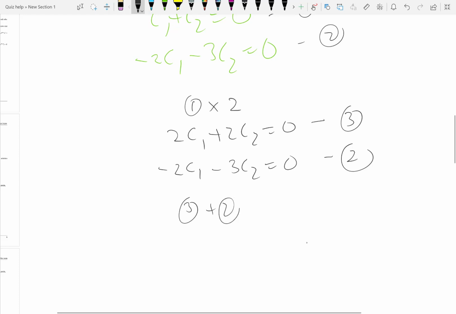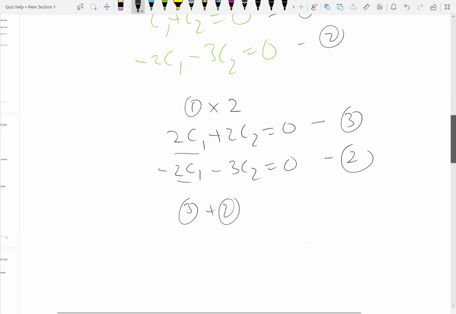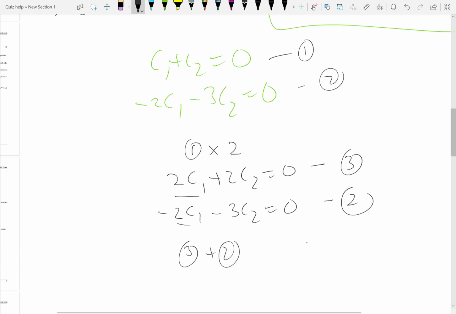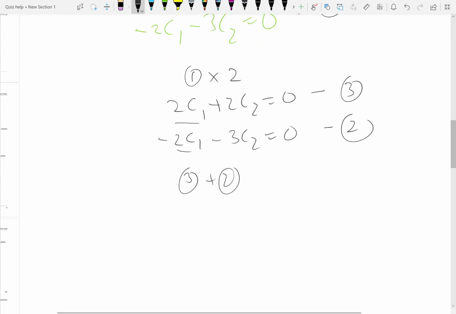If you add equation 3 and 2, c1 cancels out, right? That is why I multiplied by 2, because I foresaw that I would have 2c1 and negative 2c1 cancel out. Or you can multiply by negative 3 and by 3 and cancel out c2 instead. That's also possible, okay? So when you add, c1 cancels out, 2c2 minus 3c2.